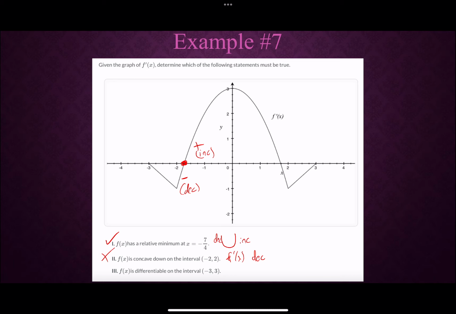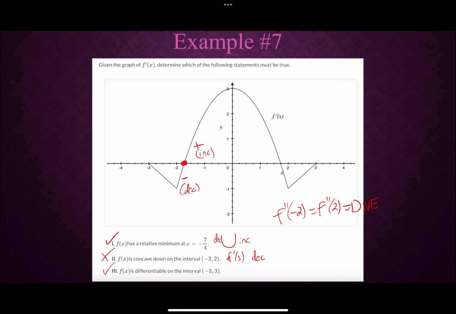At -2 and 2, the second derivative would not exist because that's the derivative of the first derivative, and that's what happens when you have sharp turns or turning points. But in the original function basis, this is okay. So 1 and 3 would be fine in this particular case.